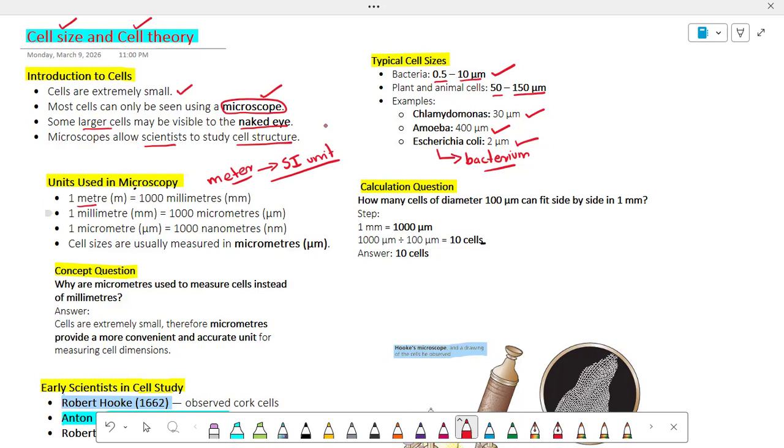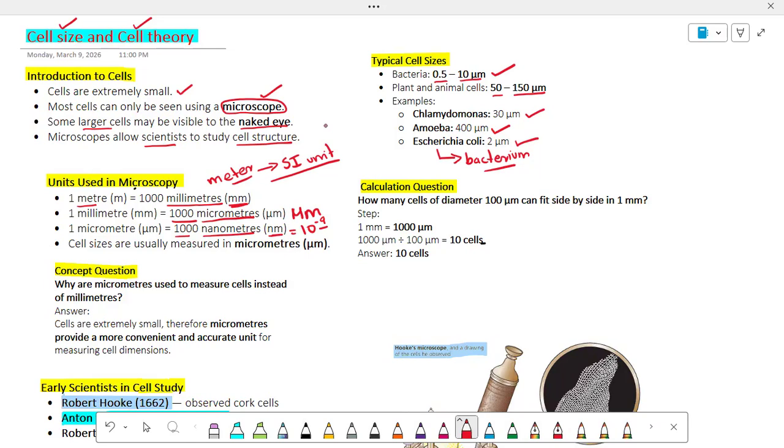Here is the conversion. 1 meter is equal to 1000 millimeters. And 1 millimeter is equal to 1000 micrometers. And we can write micro like this way, micrometers. And 1 micrometer is equal to 1000 nanometers, which means 10 raised to power minus 9.